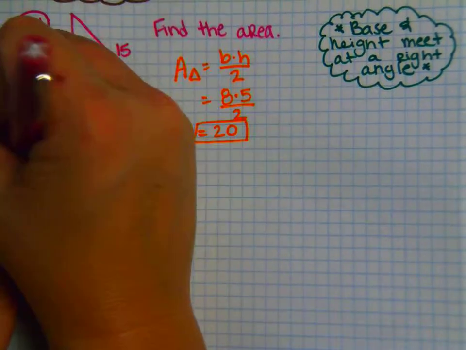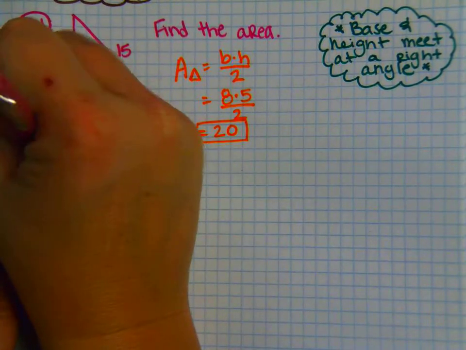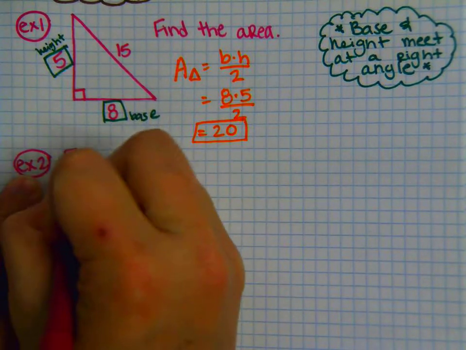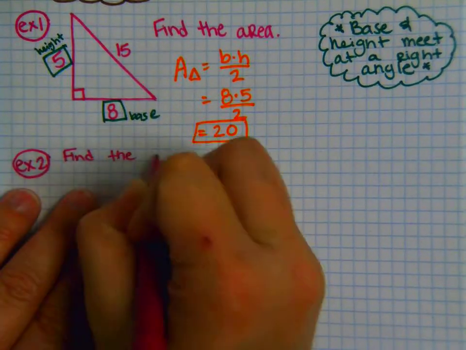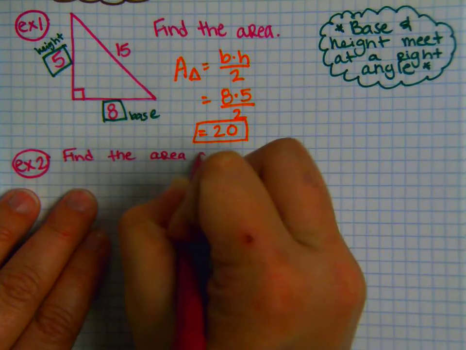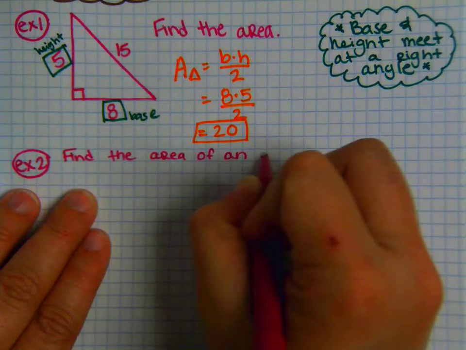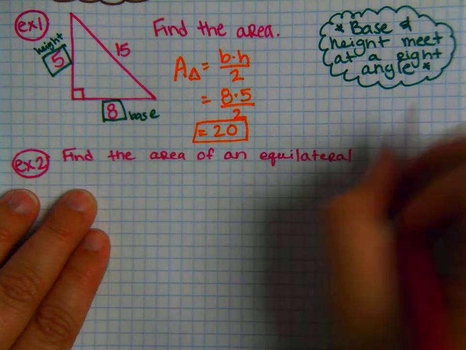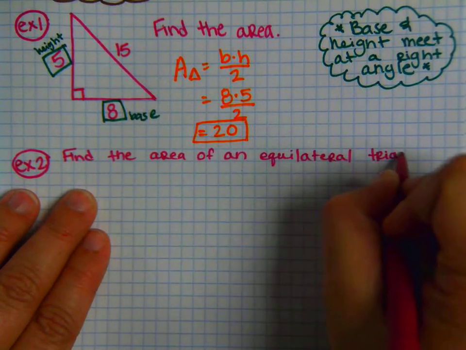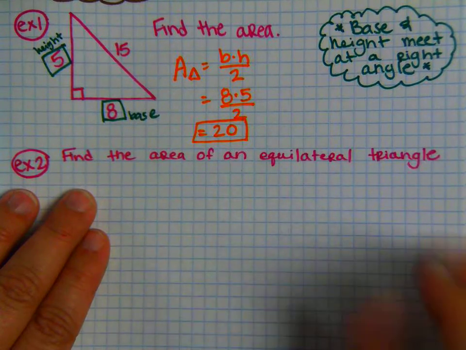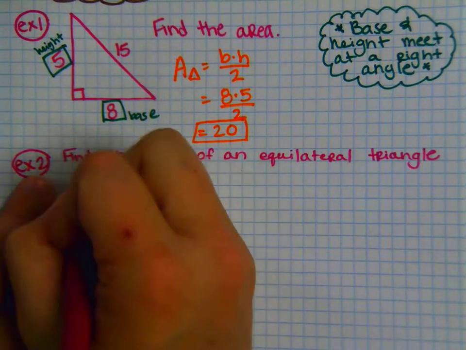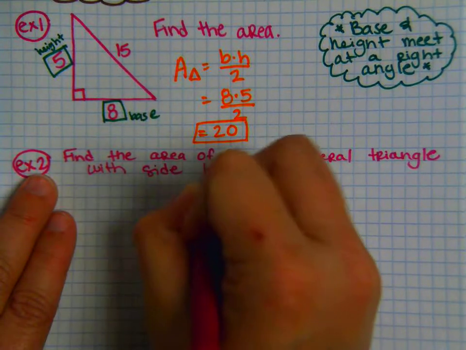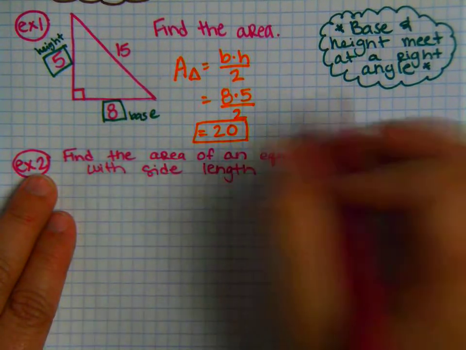Okay, so this example, example 2, it's going to say find the area of an equilateral triangle with side length 10.